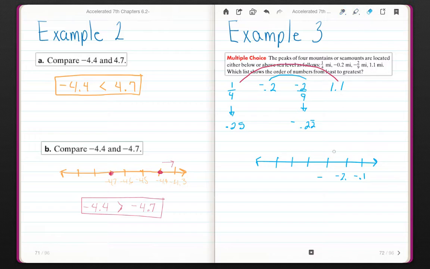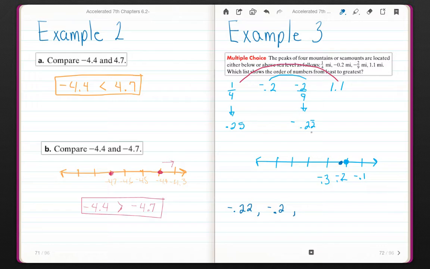Let's put that decimal in the right spot. Negative 0.3. Okay, well 0.2 would go here, but negative 0.22 would go just a little bit after it and go about here. So negative 0.22 is actually smaller than negative 0.2.